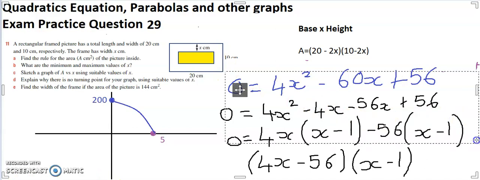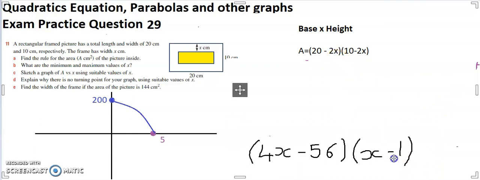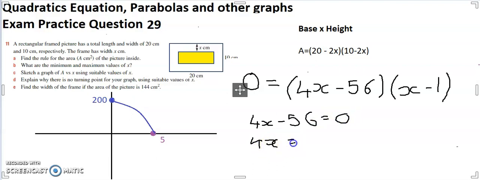Okay, so if we look at this factorized part, we're going to make both of these 0, because that's what we need it to equal. So the next step is, if I make 4x minus 56 equal 0, that will be 4x equals 56, and x is how many 4s there are in 56, and that is 14.